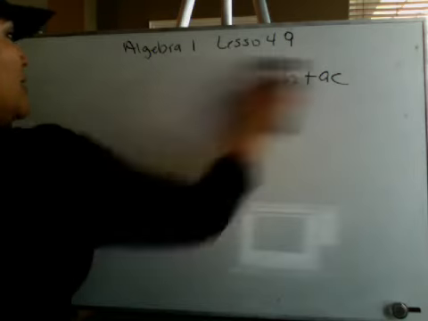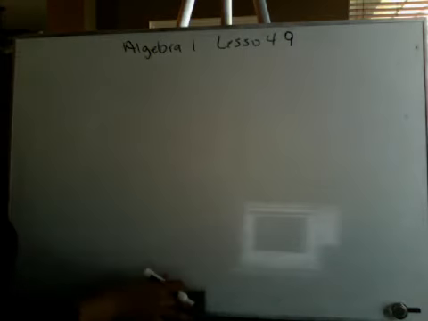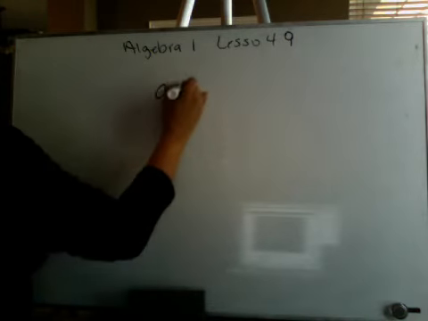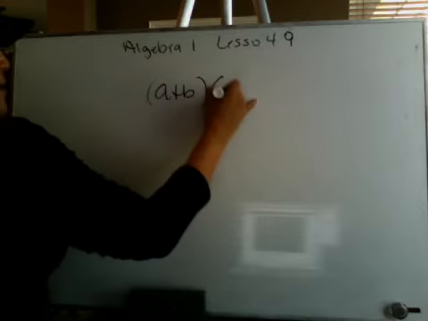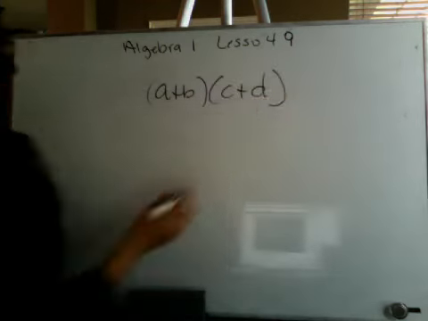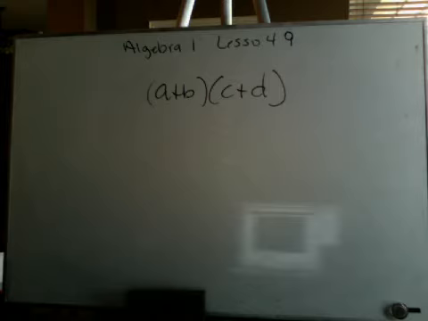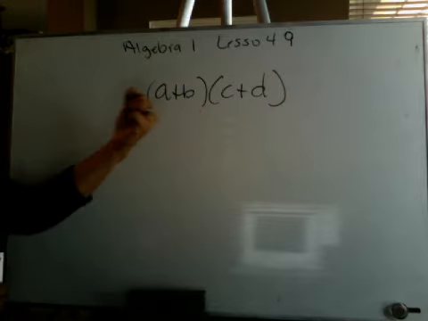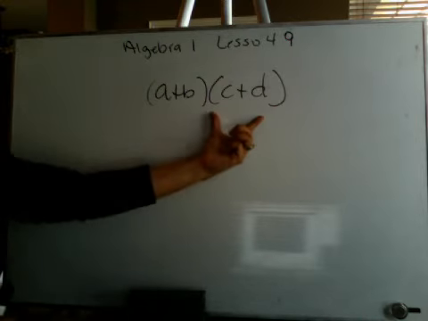Now let's look at this one. Let's look at (A plus B) times (C plus D). How do we do that? Well, we have to know what our rule for multiplying polynomials is. The rule is, to multiply one polynomial by the second, each term of the first polynomial must be multiplied by each term of the second.